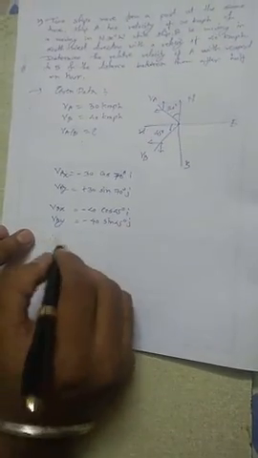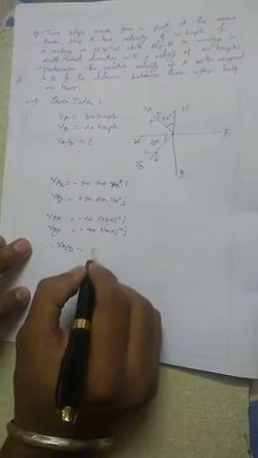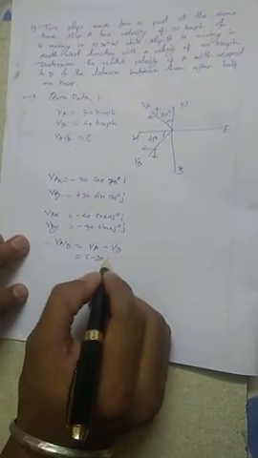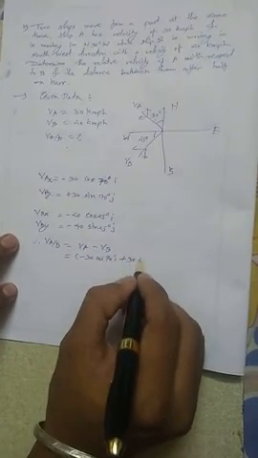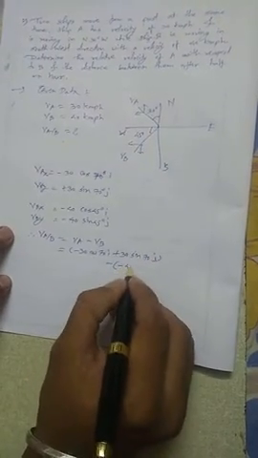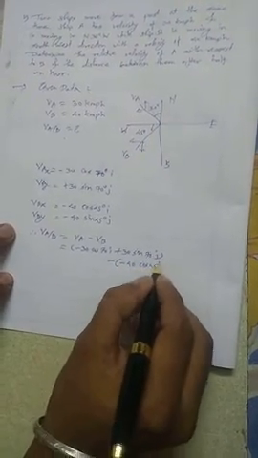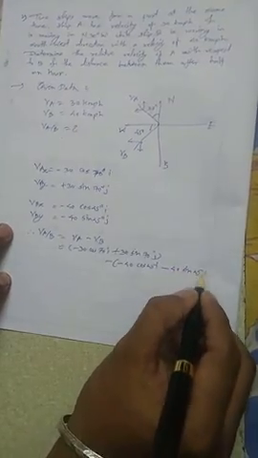So we will find the relative velocity of A with respect to B. We have to find the velocity of A minus the velocity of B. So minus 30 cos 70 i plus 30 sin 70 j, minus of minus 40 cos 45 i minus 40 sin 45 j.